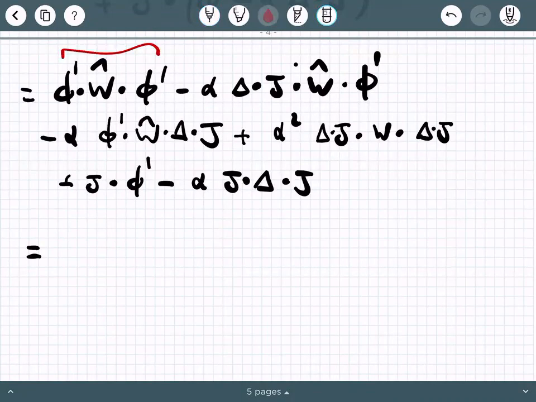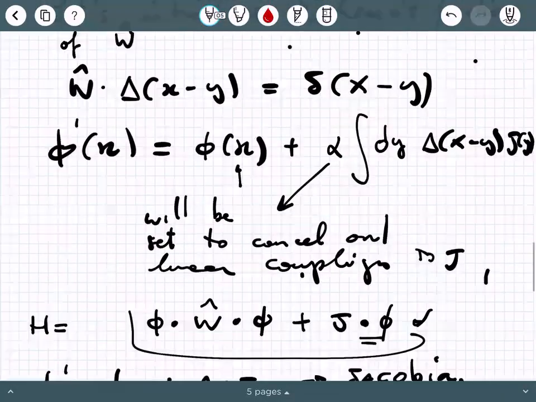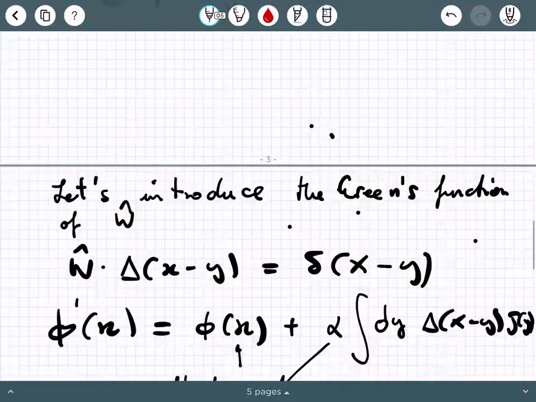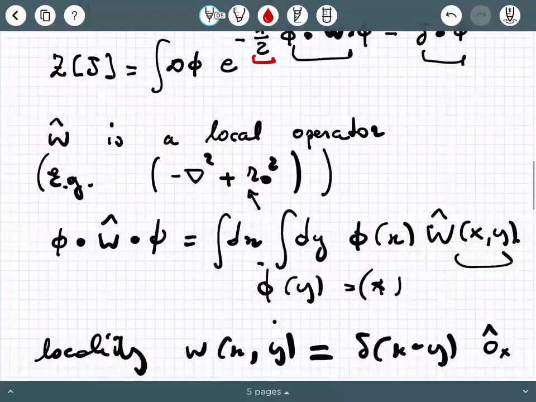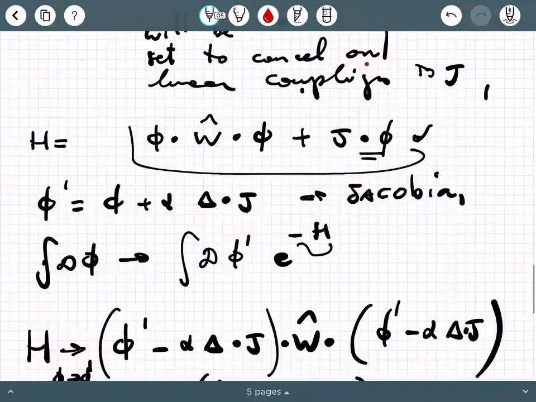So this is, let me be explicit, and I will write this as integral dx phi prime of x omega. And if I remember well, in the Hamiltonian here, where is the Hamiltonian? Yeah, please look at the screen. We have defined this to have a 1/2 here, right? So let me trace this back. Here, there is 1/2 missing.